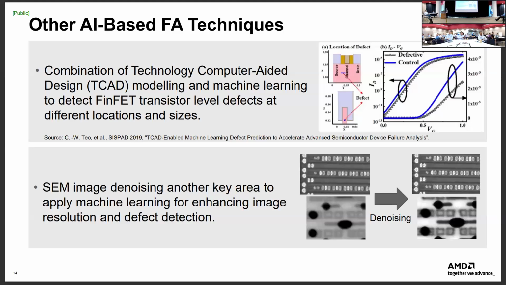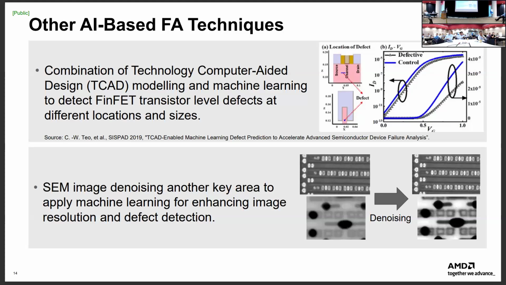So I think I'm going to wrap up soon. Other AI-based FA techniques, I think Prof Thean and Xiaoli also mentioned TCAD. This is some work that was done by Xiaoli with Prof Thean to use TCAD to do modeling, to teach the machine to detect the feedback transistor via locations.